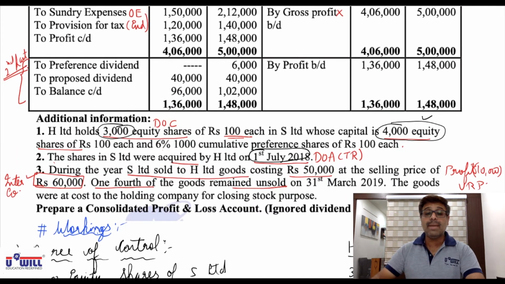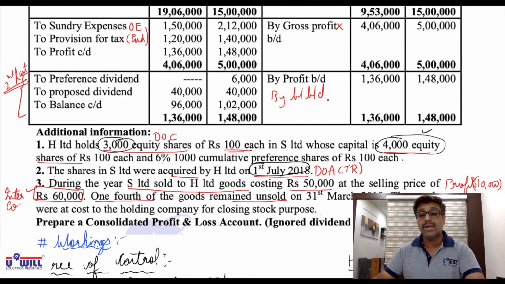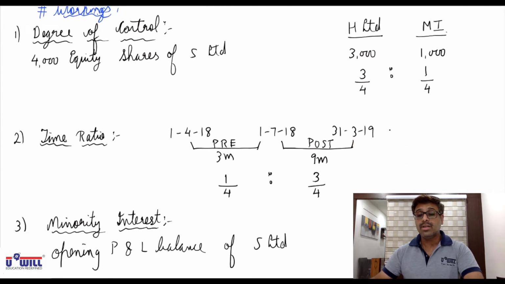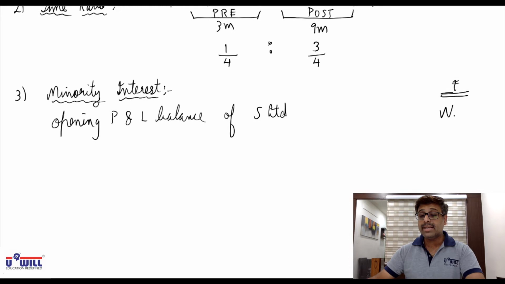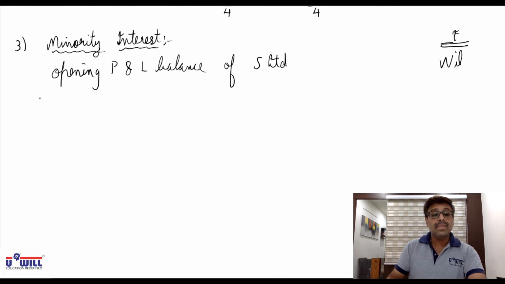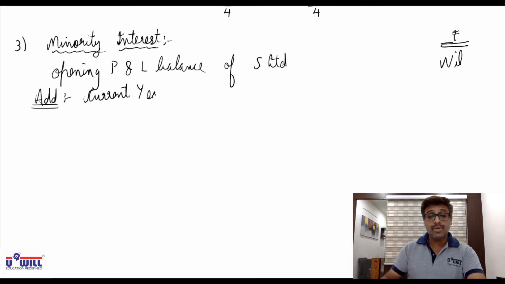I told you if opening balance at all it is given, then it would be given in the third part. But no opening balance is given over here. So opening balance of S Limited is nil. In that we have to add current year's profit after tax.